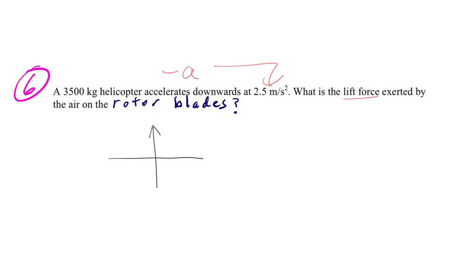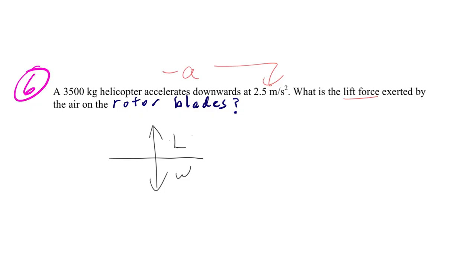So we have the normal force, and we have weight. That's it. So what is the lift force? I'm not going to call that normal force. I'm going to call it lift. Basically, that's similar, but not the same thing as normal force. It's upward force. So I'll call that lift.